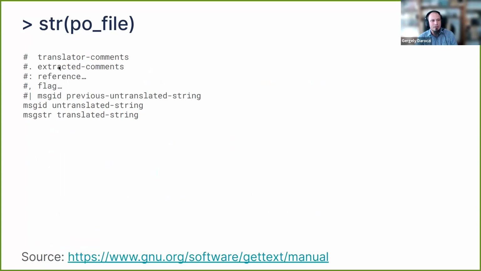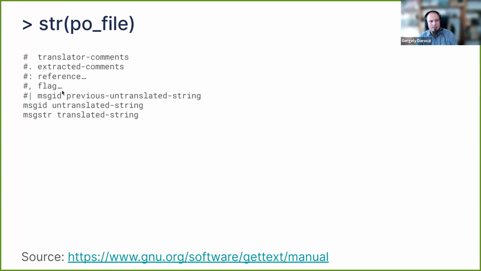Looking at the other markups in the PO file, I would like to highlight the extracted comments besides the previously mentioned comments. So if there's a dot after the hash sign, that means that those comments were extracted from the source code. So maybe the developer of a function is providing some context for the translator on how to translate different terms. We can also include references. The reference is usually a pointer to the source file so that you can look up the related context. You can also provide different flags.